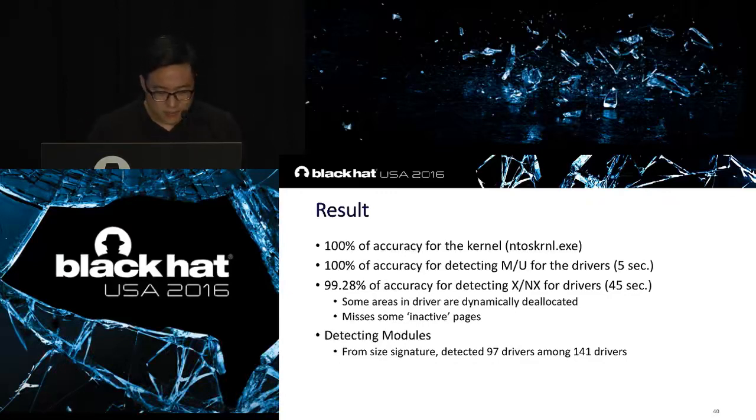So we missed some of them, but it is still over 99%. And for detecting modules, we could detect much more than on Linux because size variance in Windows is much larger. So we could detect 97 drivers among the 141 drivers.